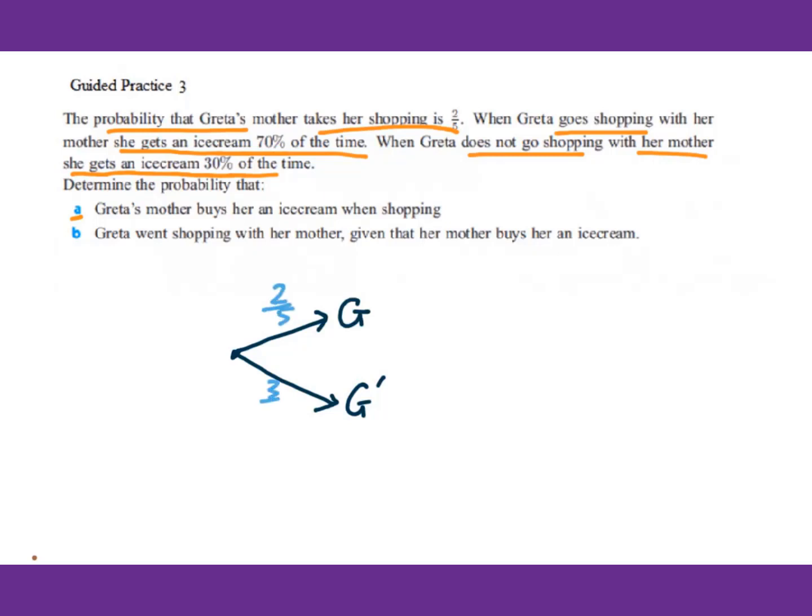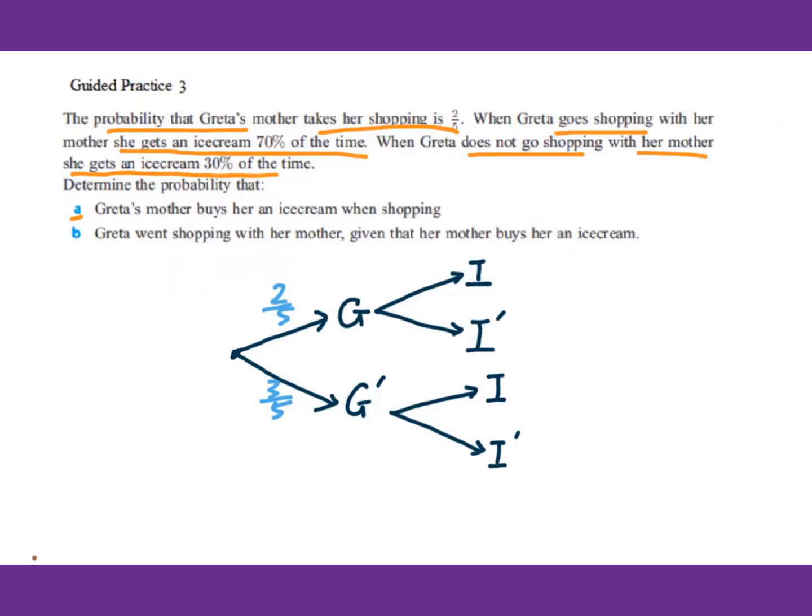This will be 3 over 5. This will be ice cream. Got the ice cream, I use I. Then didn't get the ice cream, I use I prime. Same thing here: ice cream and not ice cream.